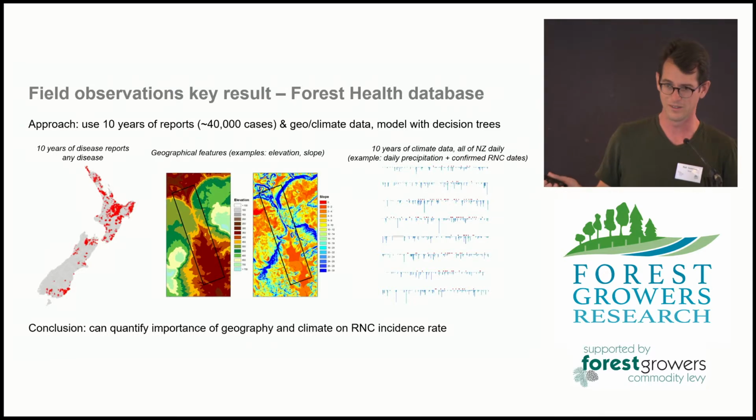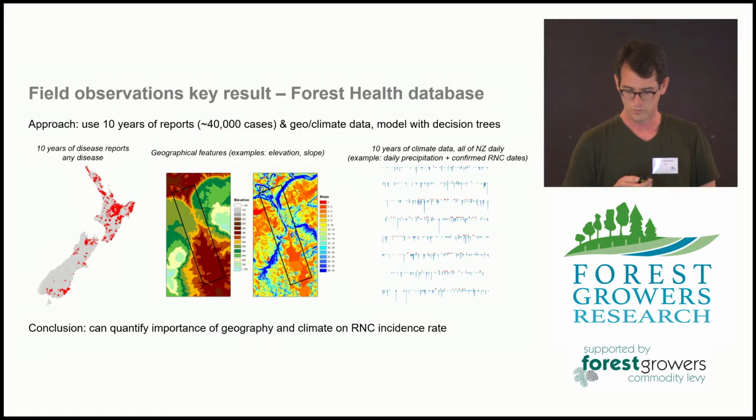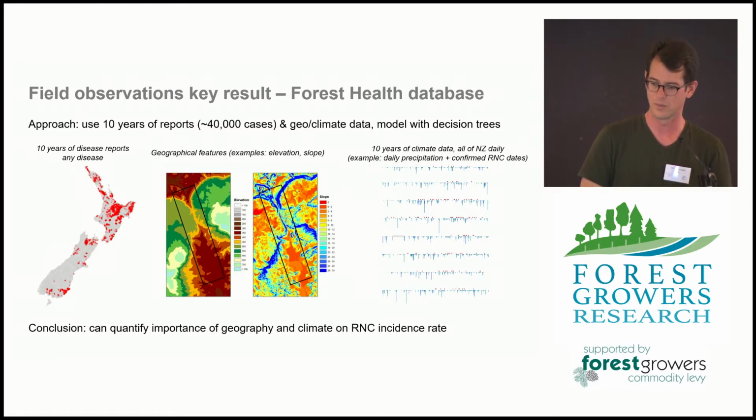So on the right you see 10 years worth of, in this case, precipitation, where we know for every day how much it rained. And then we can correlate that with the positive observations of red needle cast. And we put all of that together in a single machine learning model. And that allows us to draw conclusions about what geographical features are most important for the occurrence of red needle cast.